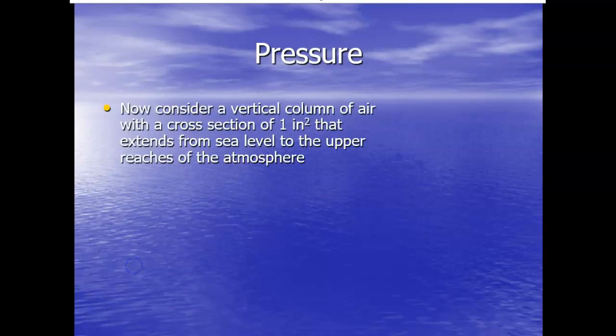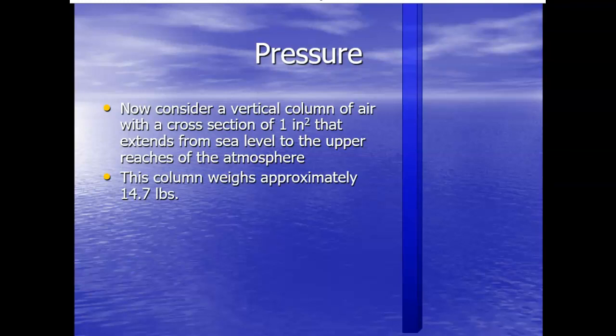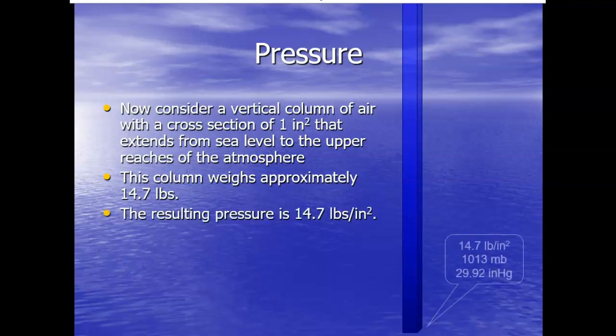Now compare that to a vertical column of air, the same cross-section of 1 square inch that extends from the surface or sea level up to the upper reaches of the atmosphere. This column actually weighs 14.7 pounds per square inch.